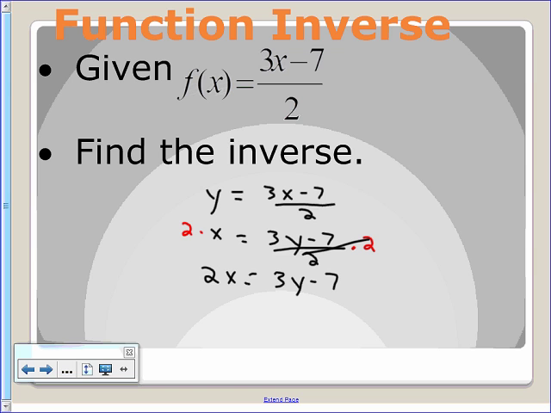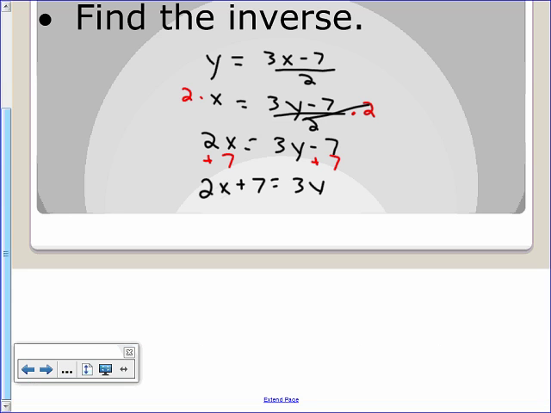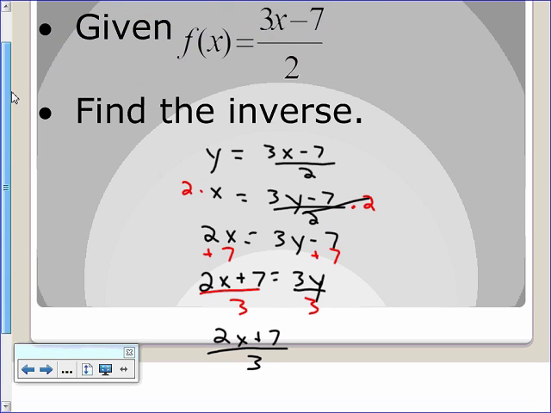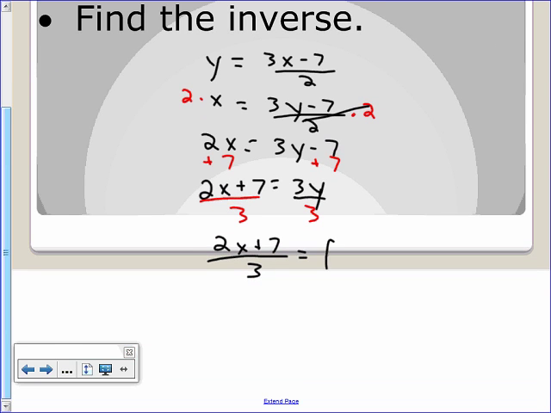We're going to add 7. And we're going to divide by 3. Then we're going to switch y back to inverse of f of x. And we're going to check again.